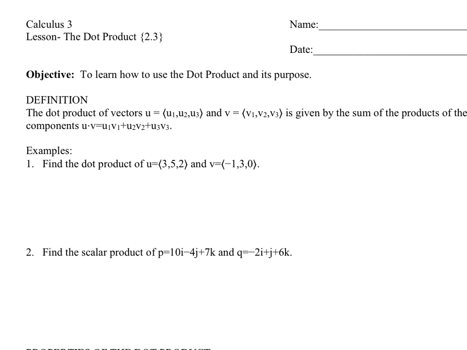All right. So when I'm dotting u with v, I'm taking the corresponding parts, so 3 and -1, and multiplying them. Then 5 and 3, and then 2 and 0. So corresponding parts get multiplied, and then you add the results.